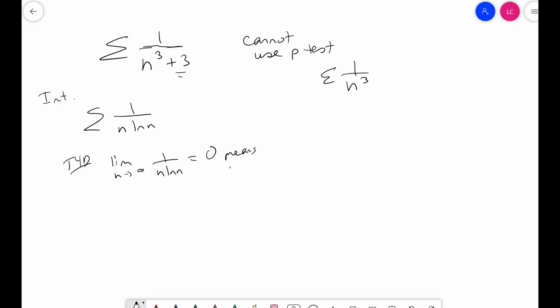That means nothing. So you can do T for D a lot. You'll get 0. Means nothing. So you go do another test. It's not p-test. It's not geometric. That's when I would think, okay, then I need to go take the integral, and this one would have to start at 2 to be defined. And so then you have to change it to x's and go through the whole process.